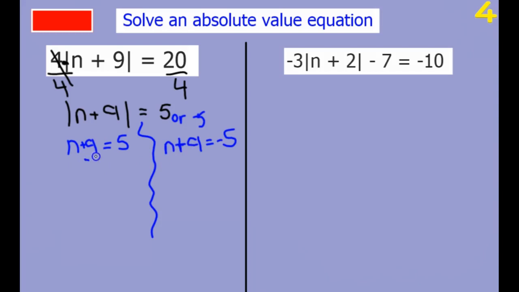So we need to subtract 9 from both sides. What we're left with is n equals negative 4. And subtract 9 from this side, and subtract 9 over here. What we're left with is n equals negative 14. So we either have n equals negative 4 or n equals negative 14.